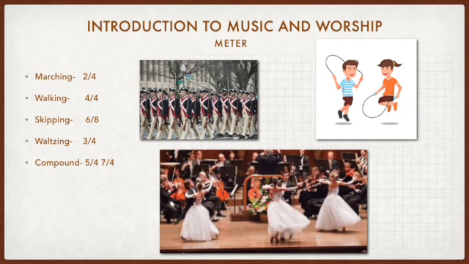For example, if I was to say, "This is the day that the Lord hath made, I will rejoice and be glad in it," that implies a 1, 2, 3, 4, 5, 6, 1, 2, 3, 4, 5, 6, a 6/8 count of the meter.